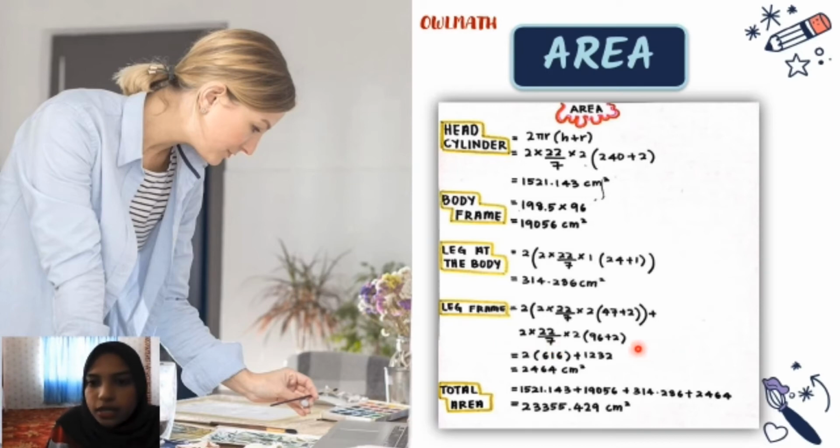This calculation is the cylinder above the leg. So the answer is 2464 centimeters square. For the total area, we add all of these answers, and the final answer that we get is 23,355.429 centimeters square.